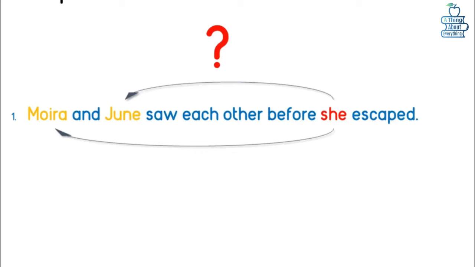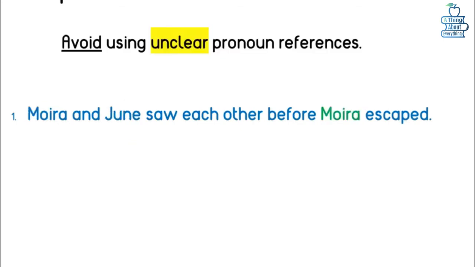The simplest way to avoid this kind of confusion is to simply include the name of the escapee again. So we should write, Moira and June saw each other before Moira escaped. Now, all ambiguity is avoided.